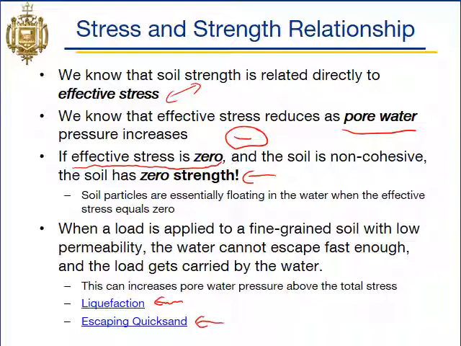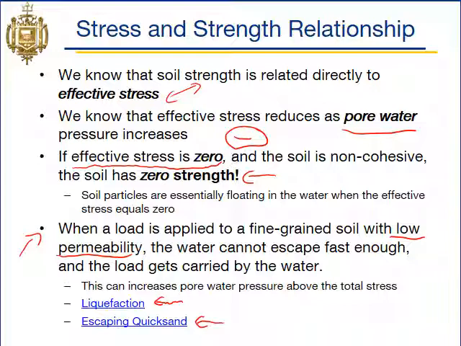And this paragraph here sort of describes why it happens in sands. So the reason it happens in sands is one, sands don't have cohesion, right? So it relies totally on effective stress to provide strength, and if the sand is fine enough, it has a low permeability. So what happens is when a load is applied to it, the water can't escape fast enough, so the water takes all the load, sort of like when you squeeze a sponge, right?